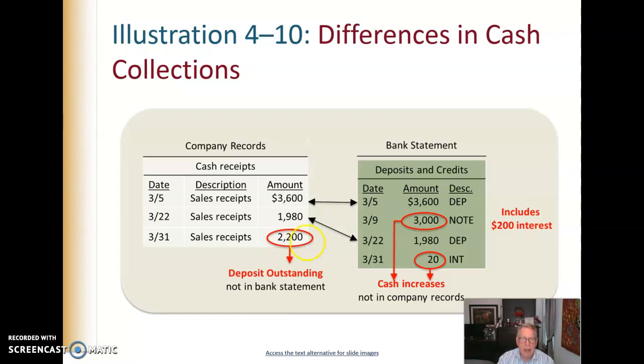However, here we have a note that the bank has collected for us, and it includes some interest as well on the bank statement. So that $3,000 note includes $200 of interest as well.